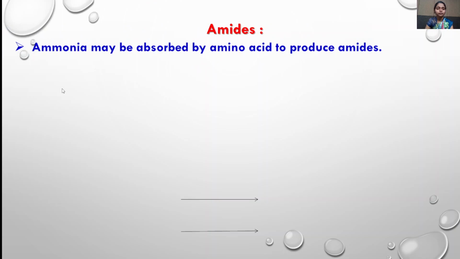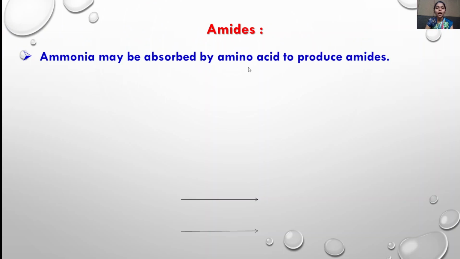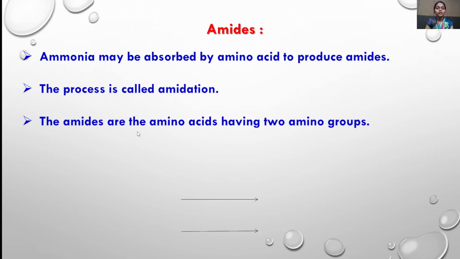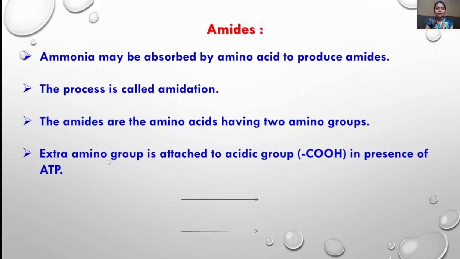Amides. Ammonia may be absorbed by amino acids to produce amides. The process is called amidation. The amides are the amino acids having two amino groups. The extra amino group is attached to the acidic group in the presence of ATP.